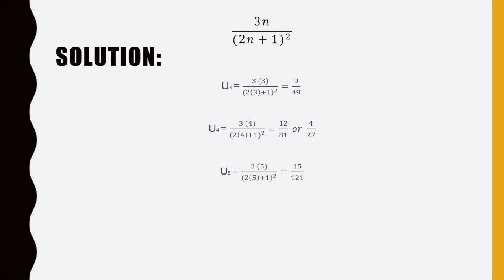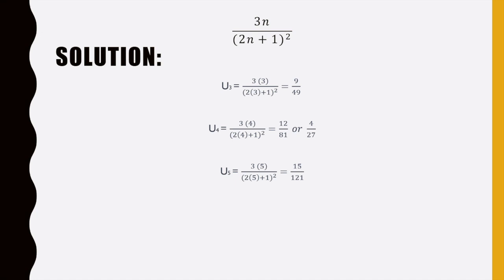For the fifth term, we let n equal to 5, which gives us 3 times 5 over (2 times 5 plus 1) squared, which equals 15 over 121.